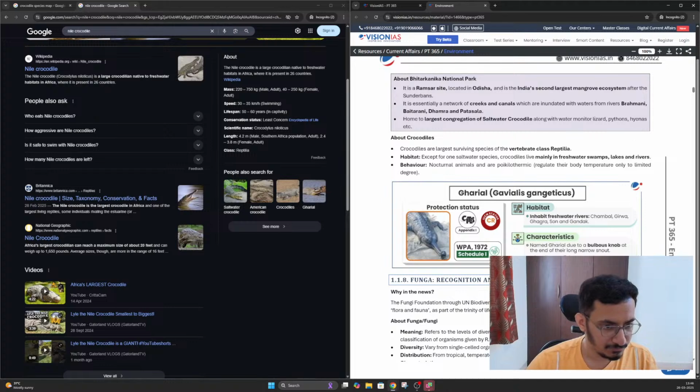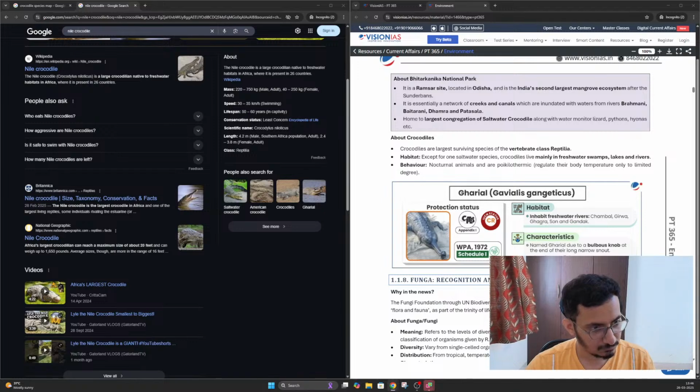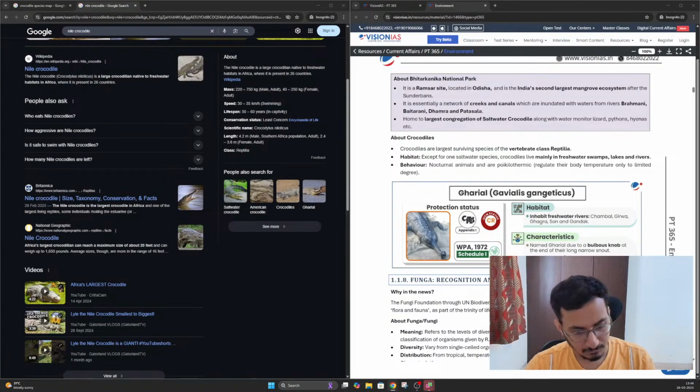Gharial is a PYQ. Gharial are now mainly restricted to only Chambal and some tributaries of Yamuna.